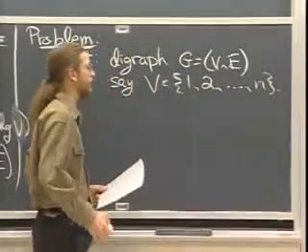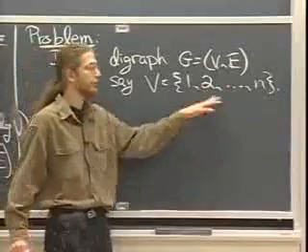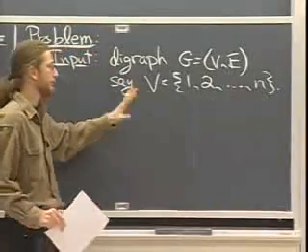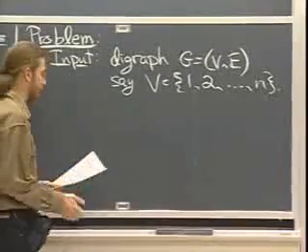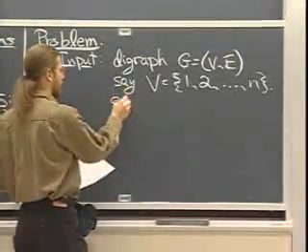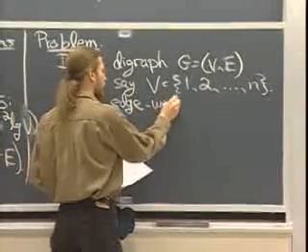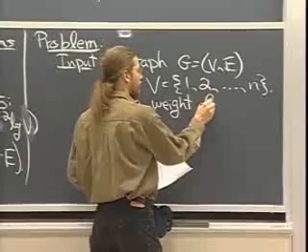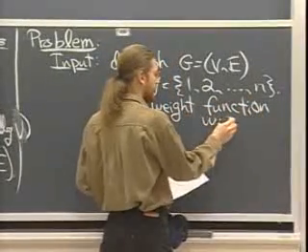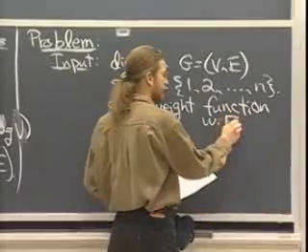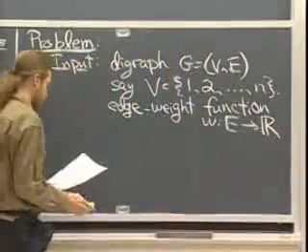For convenience, because we're going to think of things more with all pairs, we're going to think of things more as an n by n matrix instead of edges in some sense, because it doesn't help to think anymore in terms of adjacency lists. And you have edge weights as usual. This is what makes it interesting. Some of them are going to be negative. So W maps every edge to a real number.